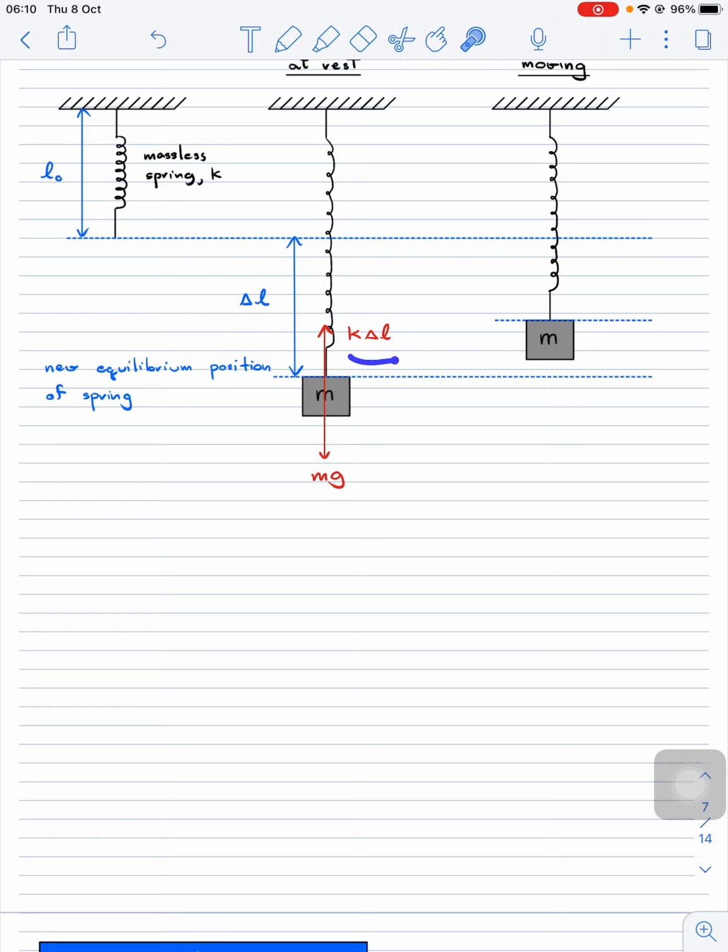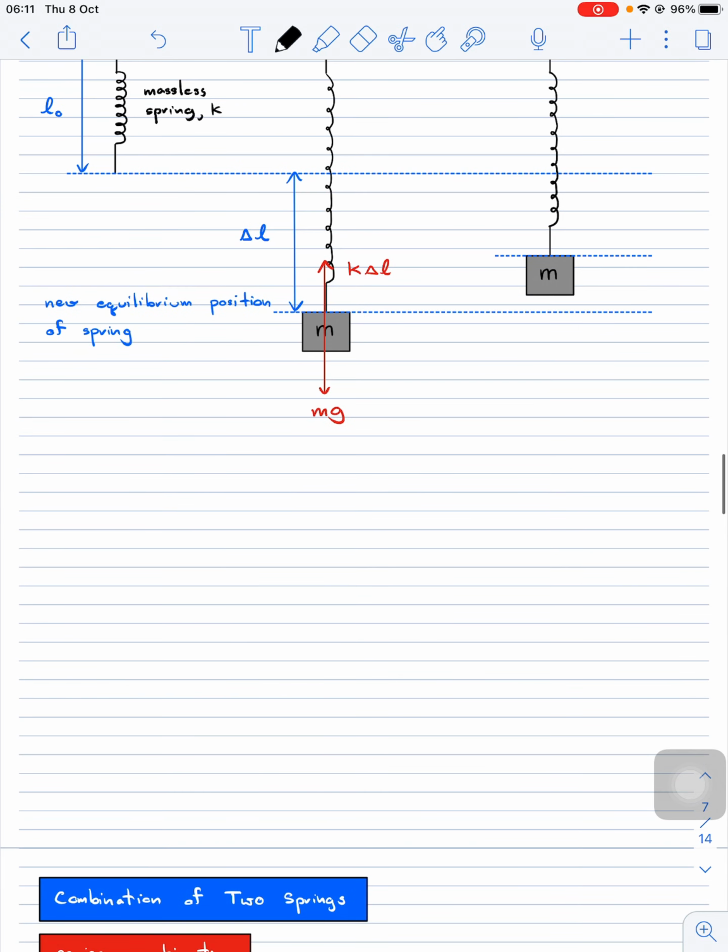Now in this case, we get that mg must be equal to k times delta L, because the block is at rest, so the net force must be equal to 0. That's why we can get something like this.